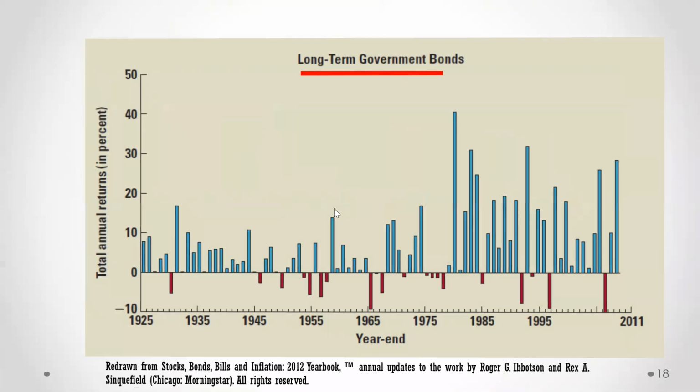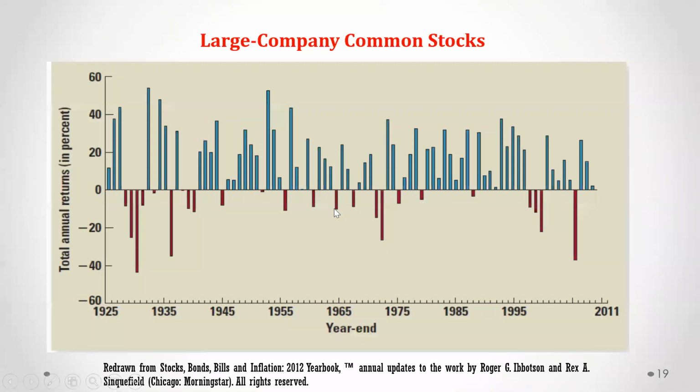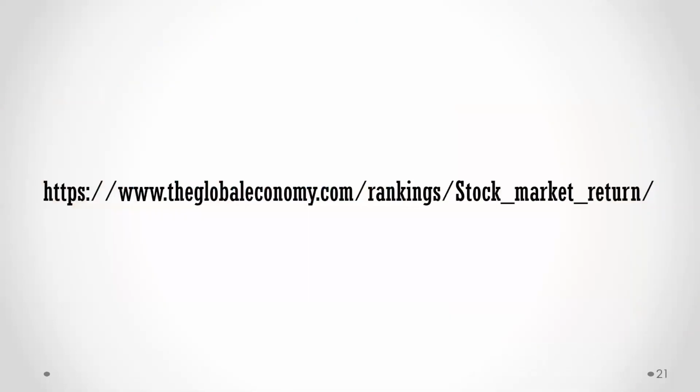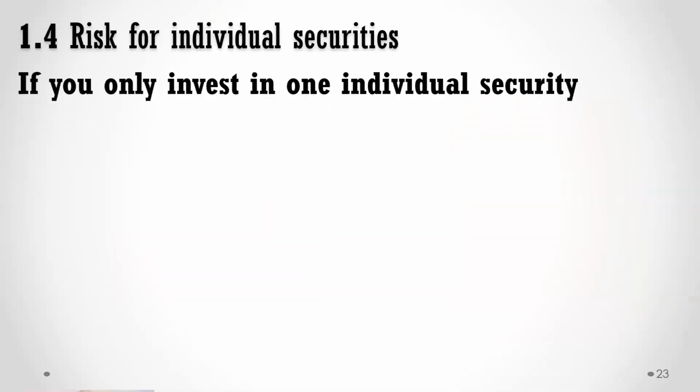So if an asset price or realized return has a large up and down, we say it is high risk. This asset is risky, and this can be calculated by standard deviation.